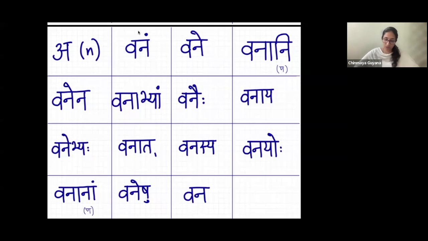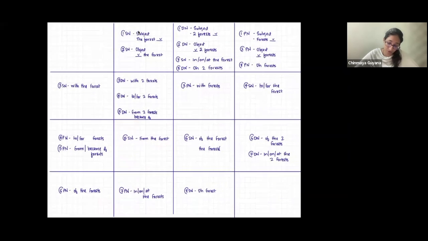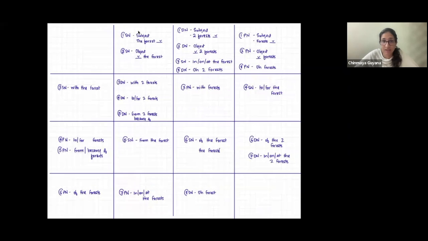I went through it and I think we got everything. Then on the back, again, you're going to do the same thing you did yesterday. Every option for each word you're going to write. The one with the most is this vane: first dual, second dual, seventh singular, and eighth dual. I'll send this in the homework.